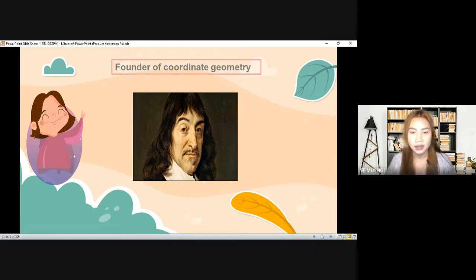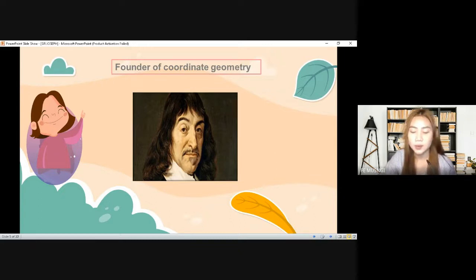And one trivia for it, kung paano niya na-develop, is that his concept of coordinate geometry has something to do with a fly on the ceiling. Parang nag-base siya sa isang langaw na lumilipad sa ceiling. Sabi dito, Rene most of the time likes to stay in bed until late night.